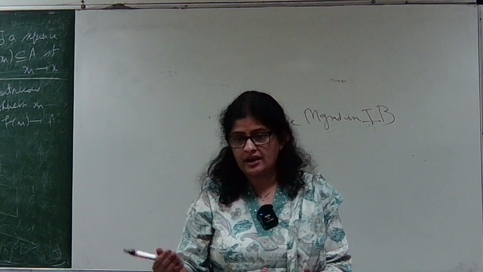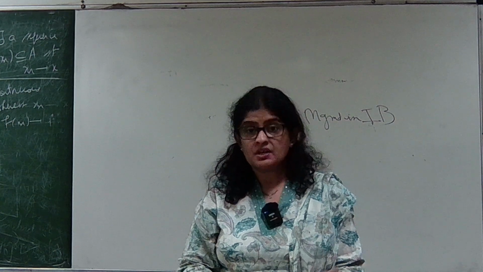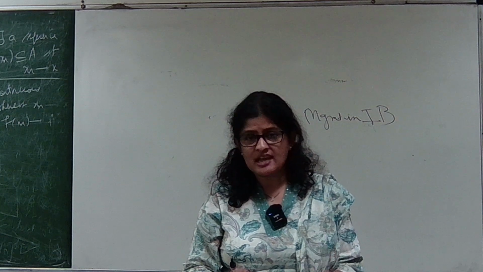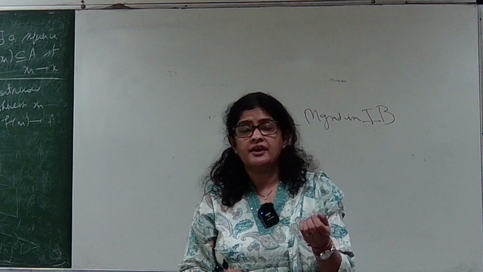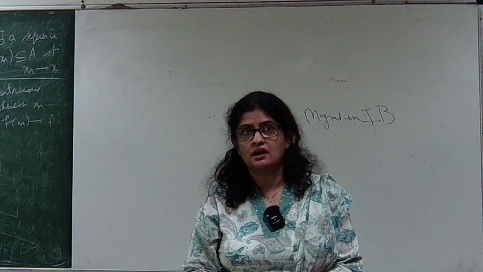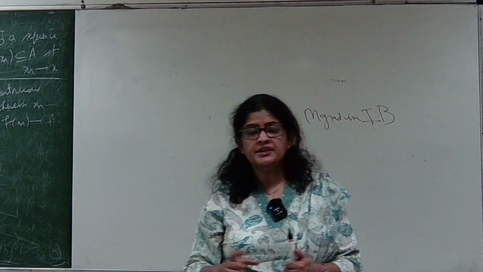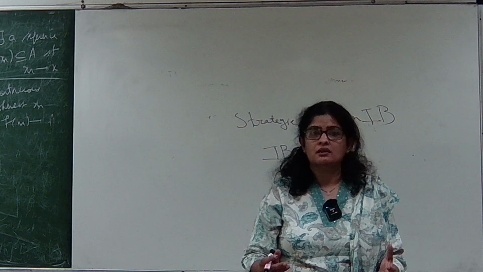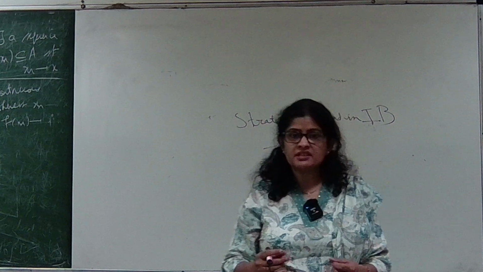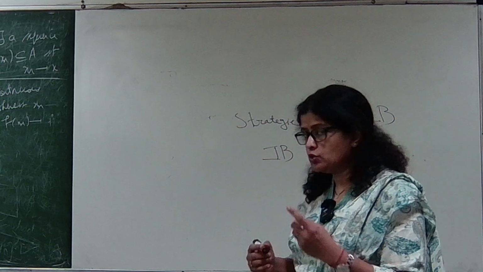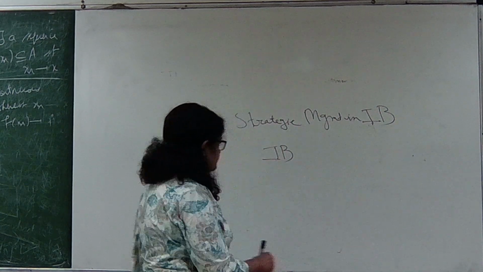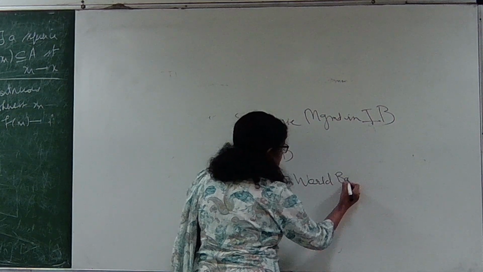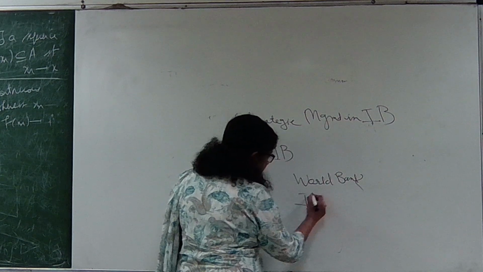Then comes the era of the World Wars, and industrialization happened. Industrialization enhanced international trade, and after World War II, basically in 1944-1945, the entire world realized there was a need for going global. That need gave birth to two major institutions, the World Bank and the International Monetary Fund, IMF.